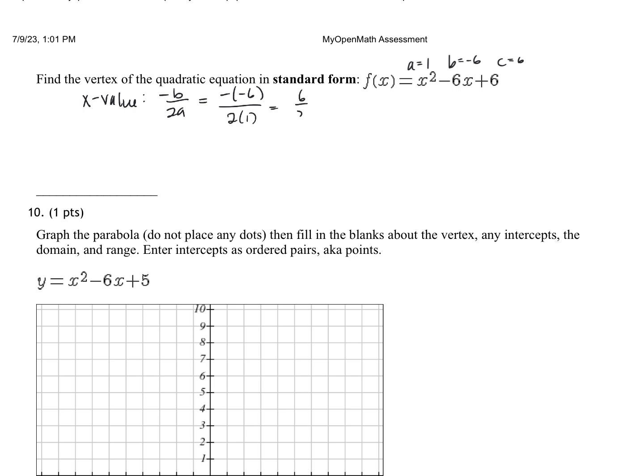So this will be 6 over 2, which is 3. So 3 is the x value of the vertex. To find the y value, you plug 3 in. So 3 squared minus 6 times 3 plus 6. So it'll be 9 minus 18 plus 6. So it'll be negative 9 plus 6 is negative 3. So 3, negative 3 is your vertex for number 9.